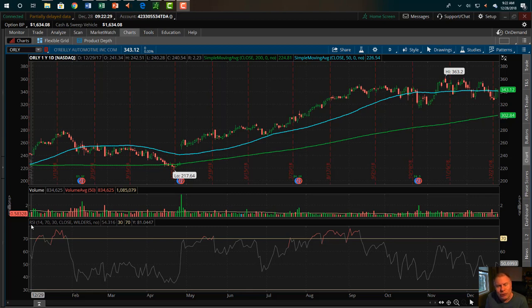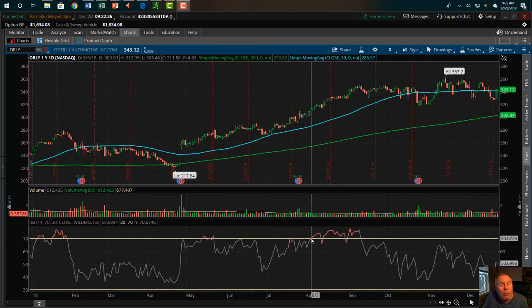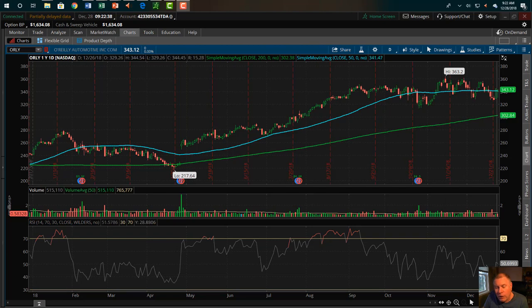It's measured on a 0 to 100 basis, and 70, this line here, would indicate that the stock is overbought. If it's below 30, we'll see that it's oversold. So if it's an overbought situation, over 70, that might be a sale point for you.